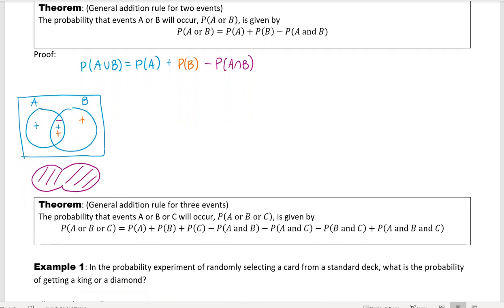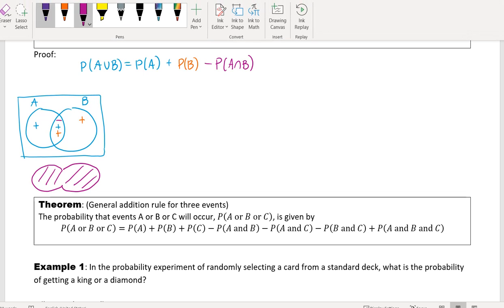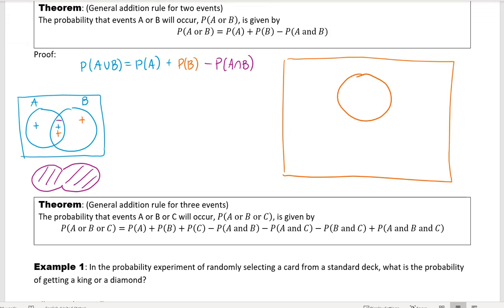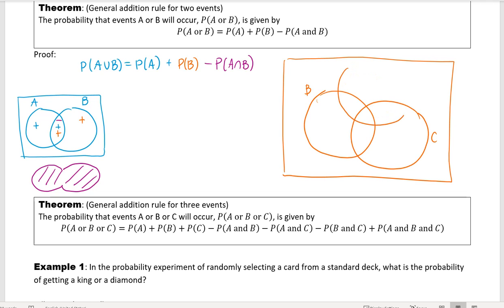Alright, and we also have the general addition rule for three events. The probability that events A or B or C will occur is given by the following. Why is that? Okay, let me draw a picture here. So we have A, B, and C. Let me make the A bigger because it's not big enough.